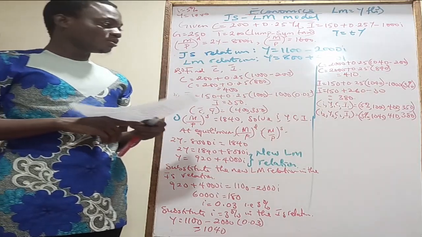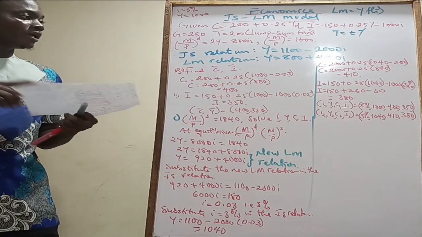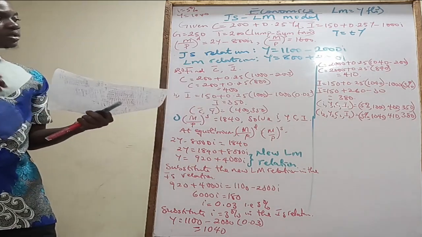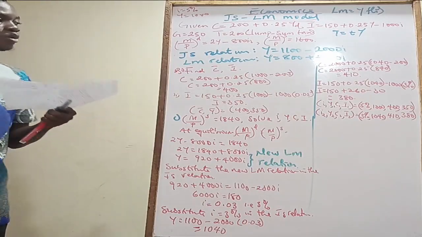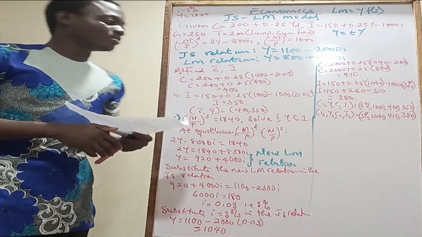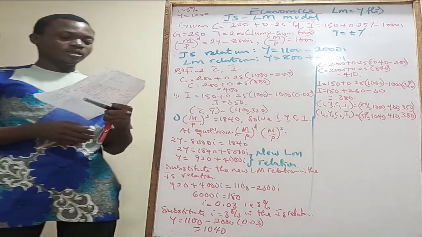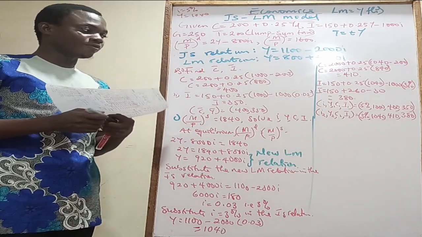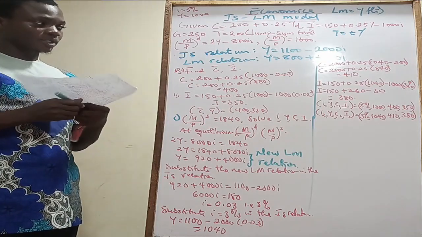It increased output from 1000 to 1040. It increased consumption from 400 to 410, and it also increased investment from 350 to 380. So we have to show these results on a graph from our last lesson, right?